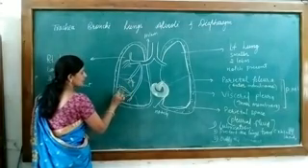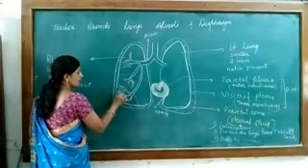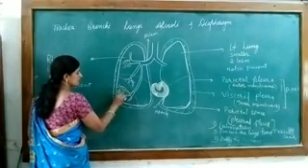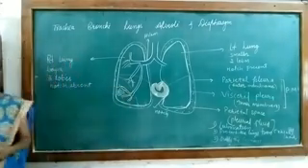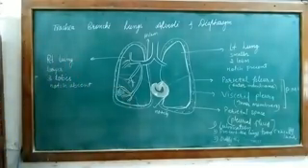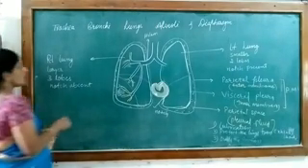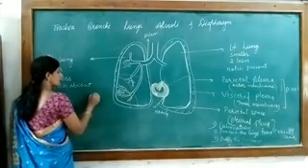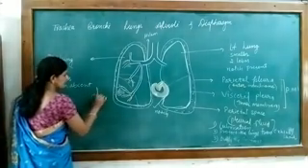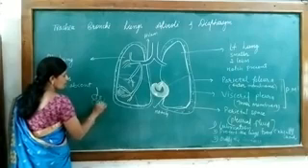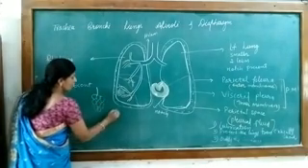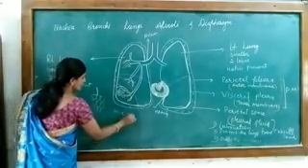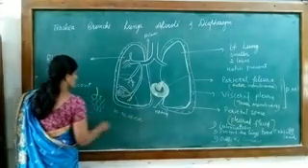Bronchioles lead to the alveoli. Here a bunch of air spaces are present. Those are the alveoli. Alveoli means a group of air spaces. If only one is there, it is called an alveolus. These alveoli are surrounded by a network of capillaries. For example, one bunch has 10 to 12 alveoli.